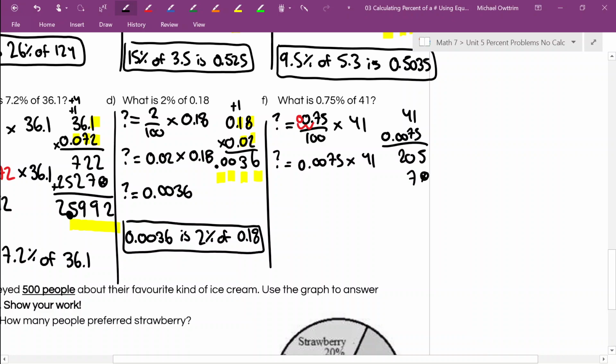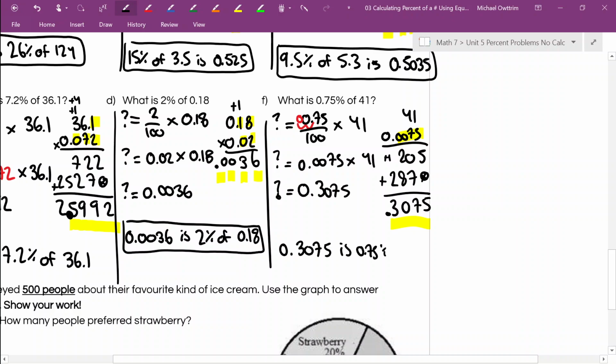Placeholder 0, 7, 28. Again, we want to count. We've got 4 digits in decimal places. So 4 digits in decimal places. Say question mark is 0.3075. And therefore we can say that 0.3075 is 0.75% of 41.